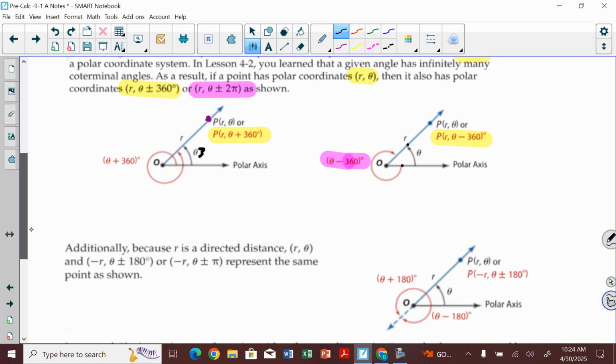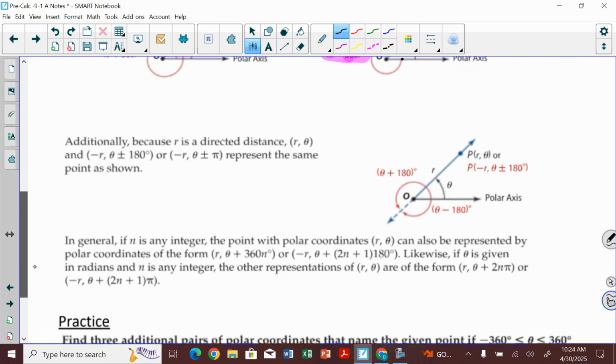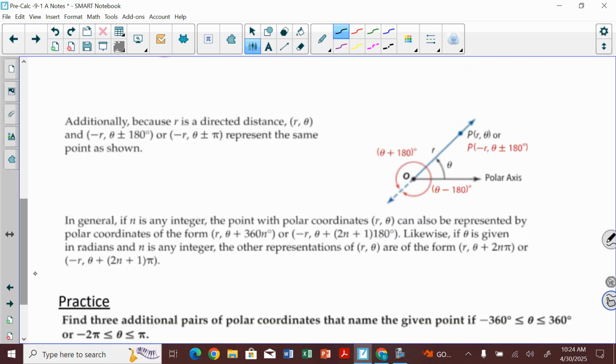All right. Same thing now, because if it's negative r, remember just from graphing those, what it does is it actually takes your graph to the opposite point, right? So if it had a negative measure, it's going to go through into the other side. So technically, if I took from here and I went 180 degrees, I would be at the same point.